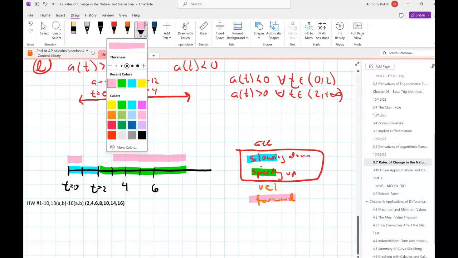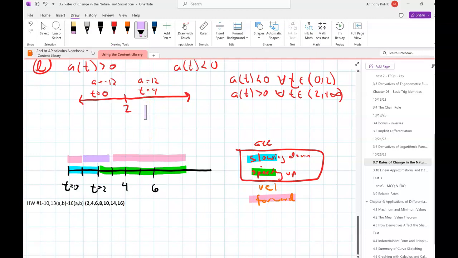And then we're going backward on that section. So for example, at time 2.5, we're speeding up as we move backwards, right? So we're accelerating in the reverse direction.